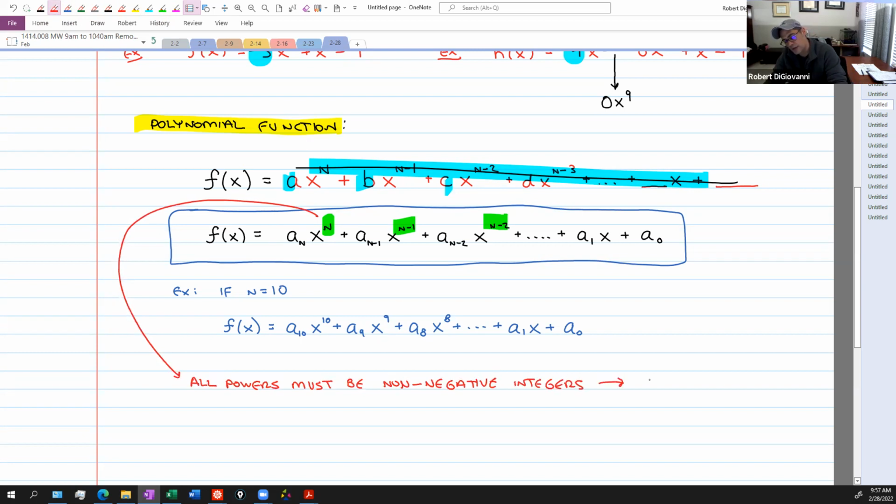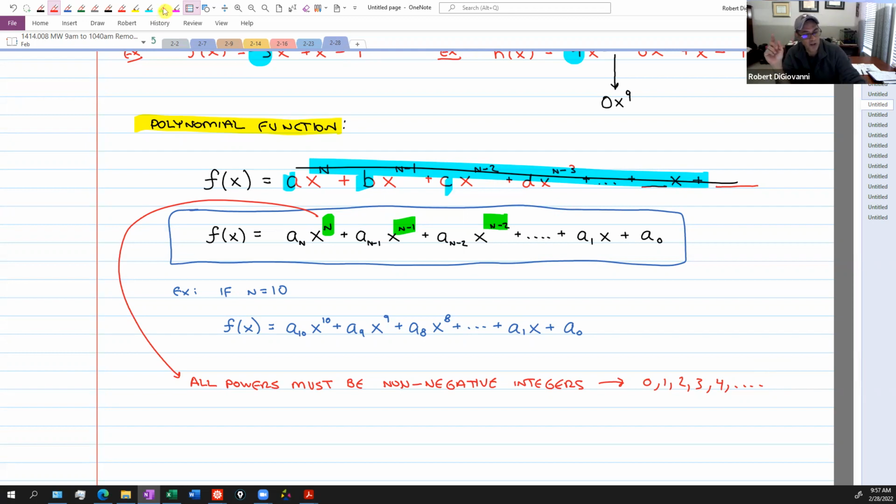In other words, the powers have to be 0, 1, 2, 3, 4, and so on. If you have a negative number as an exponent, it's no longer a polynomial function. To be a polynomial, all the powers have to be non-negative integers.